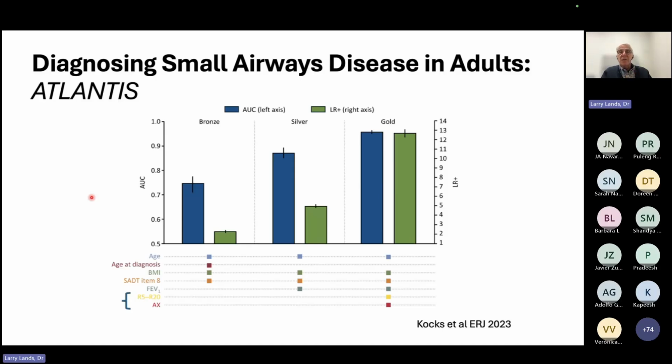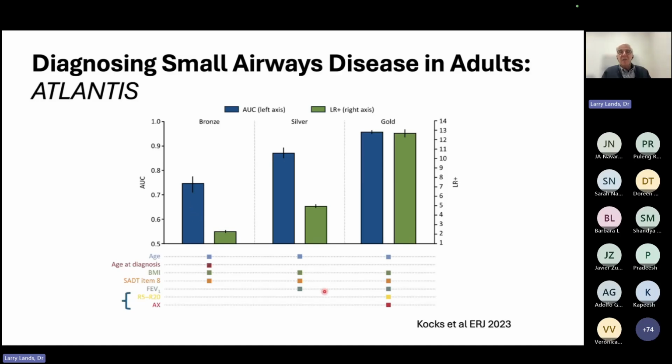Further on from the Atlantis trial, they looked at area under the curve, but also predictive value, just adding in parameters of age, age of diagnosis, and BMI, and using an 8-item score of small airways disease. This wasn't all that predictive.